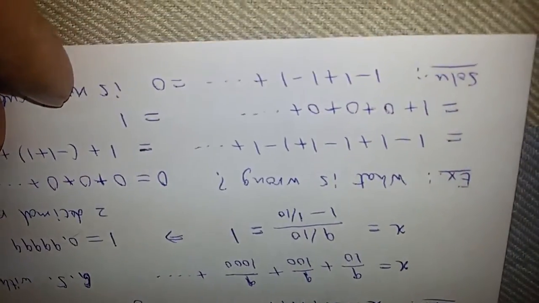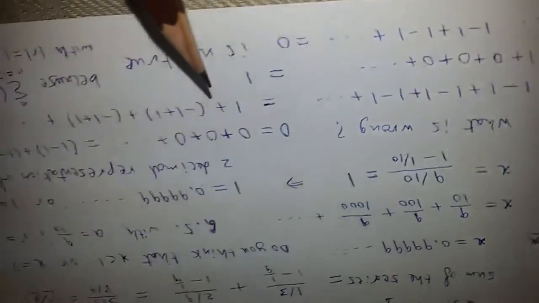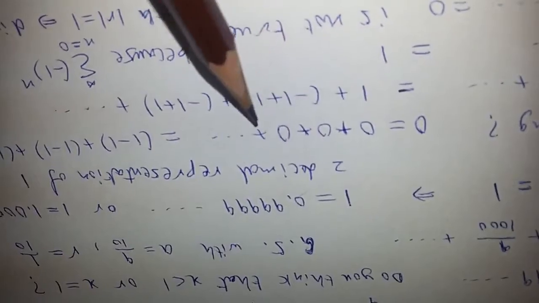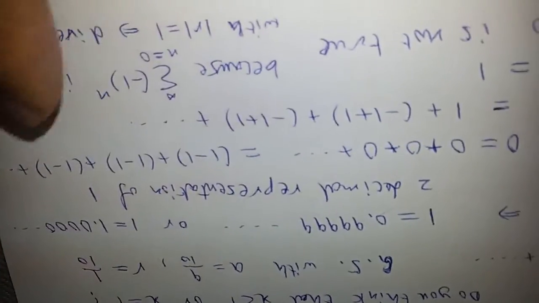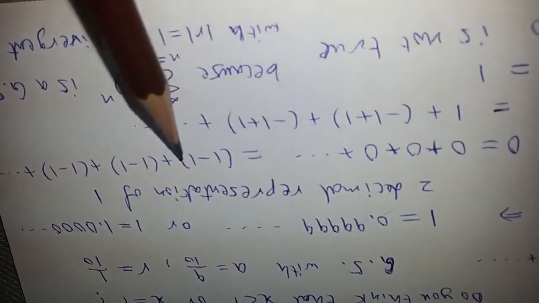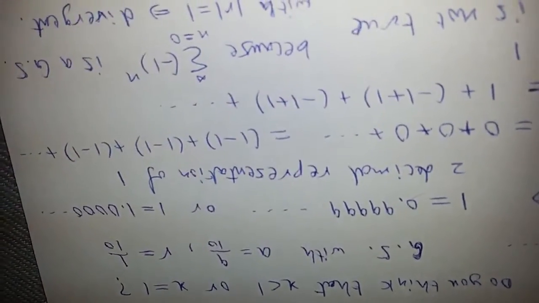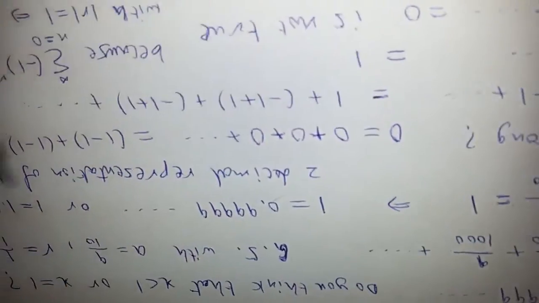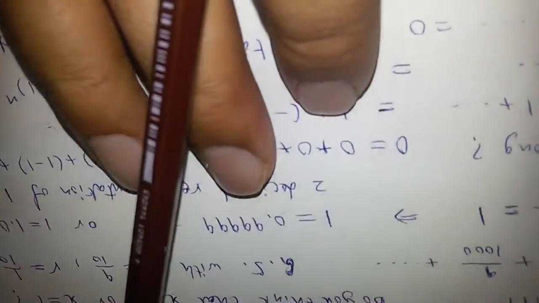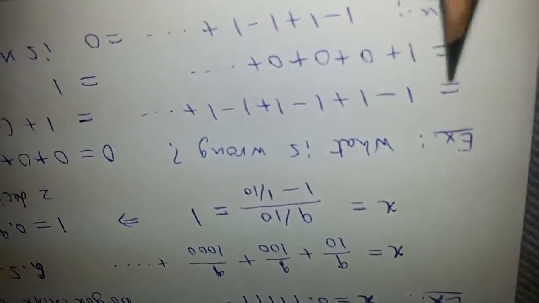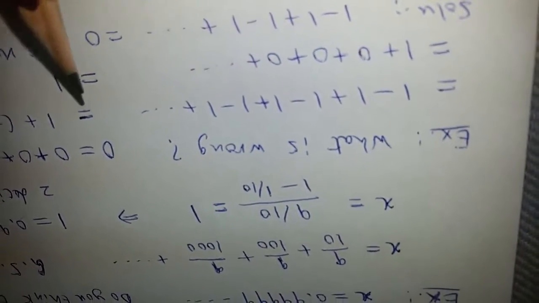The last point would be, look at this computation. 0 is 0 plus 0 plus 0. This 0, we can write it as 1 minus 1, 1 minus 1, 1 minus 1, to infinity. Now we will just remove the parentheses. So it would be 1 minus 1 plus 1 minus 1 plus 1 and so on.